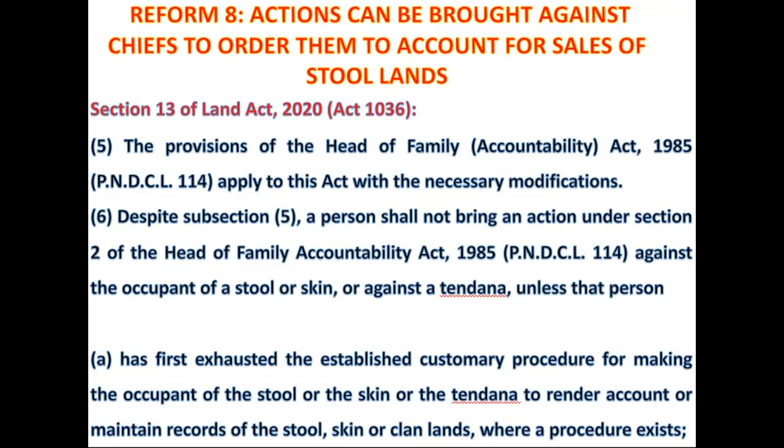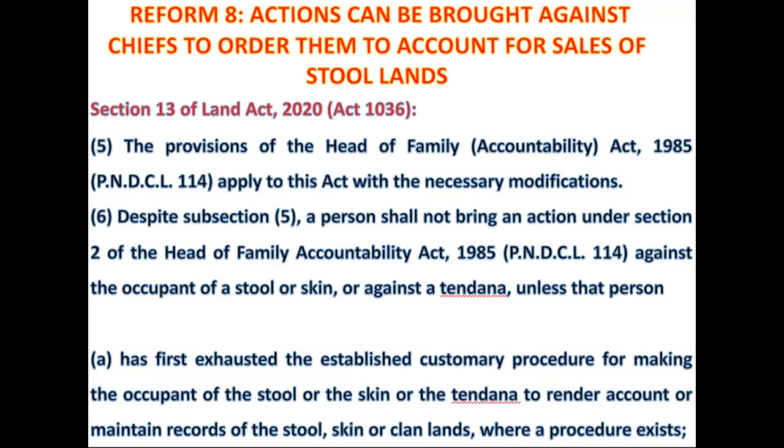Because if you look at section 13, subsection 6, it says that despite subsection 5, a person shall not bring an action under section 2 against the occupant of the stool or skin or against a tendana unless that person (a) has first exhausted the established customary procedure for making the occupant of the stool or the skin or the tendana render accounts or maintain records of the stool, skin or land where a procedure exists.